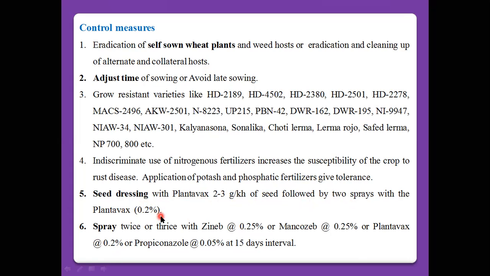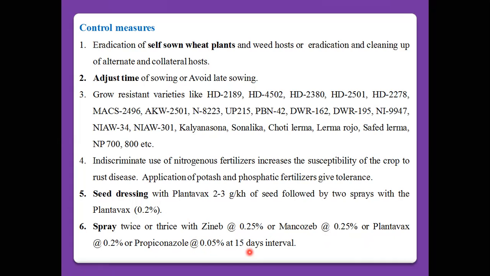0.2% or Zineb at the rate of 0.25% or Mancozeb at the rate of 0.25%, or you can also use propiconazole at the rate of 0.05% at 15 days intervals.